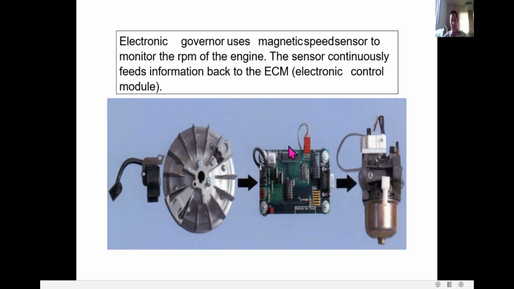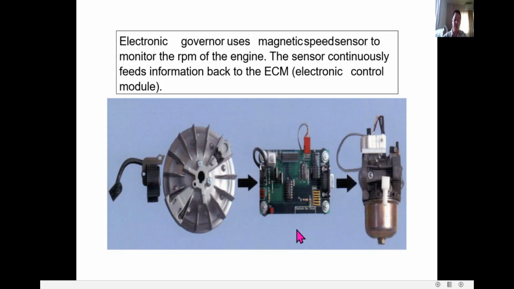This one here is electronic. This gives a signal to your actuator, because this is the governor, controlling the speed of the engine.